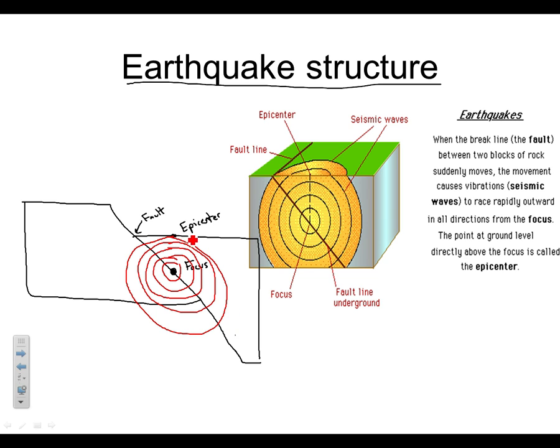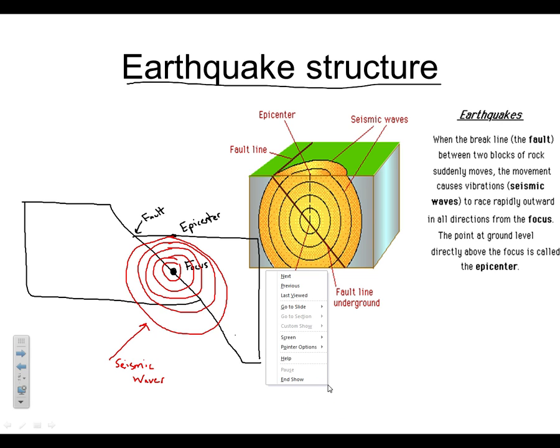They're going to first hit at the epicenter. So that's why usually the damage is the worst at the epicenter, because the waves are the strongest there, because they've gone through the least amount of rocks. They're still really strong waves. So these are seismic waves that I just wrote down. We'll be more specific in the next section. These are going to be called body waves, but for right now, we can just call them seismic waves.